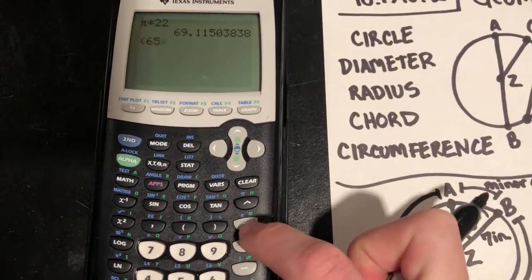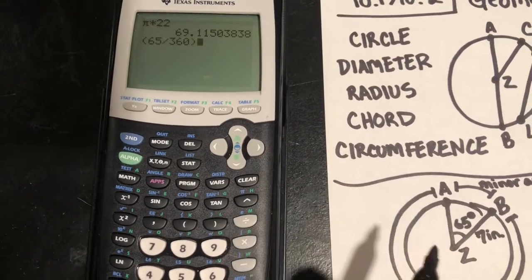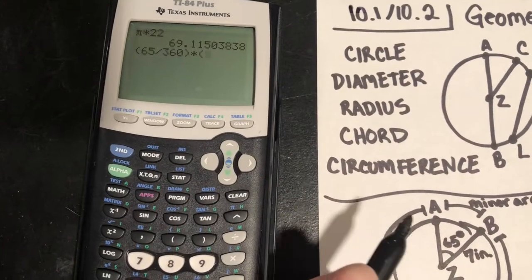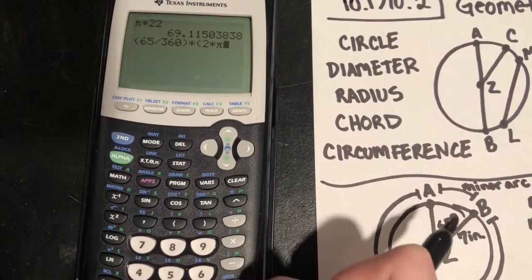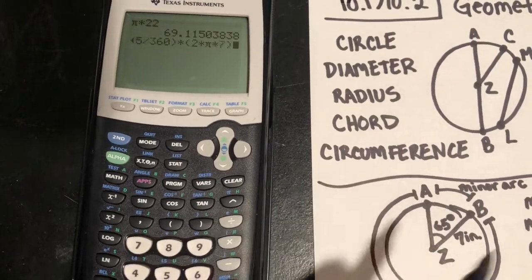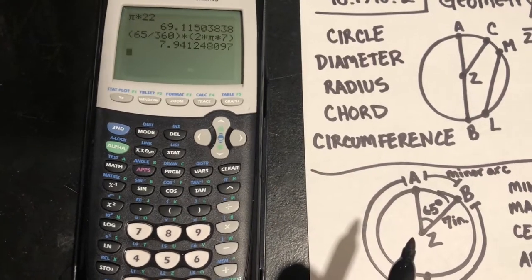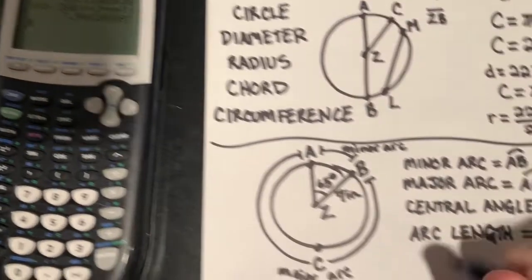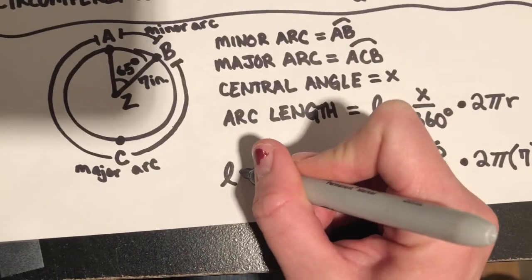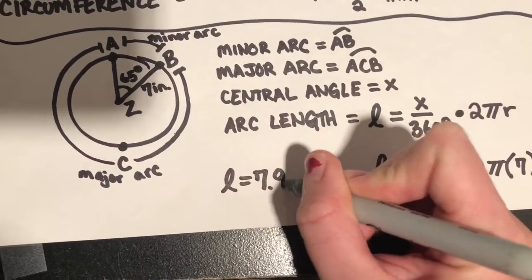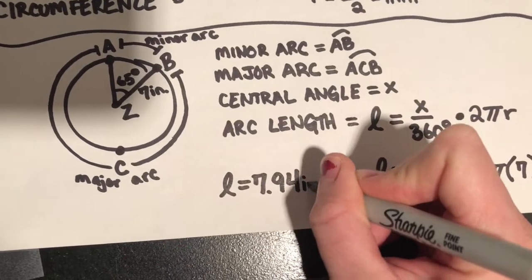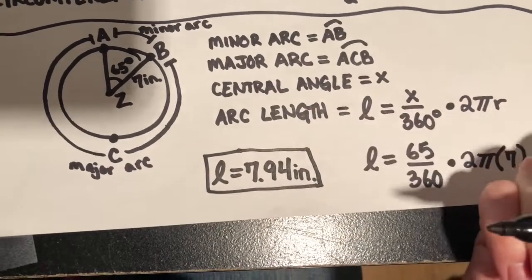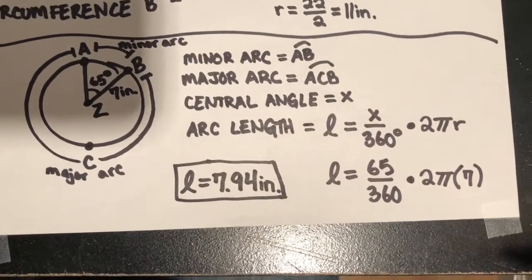I'm going to go 65 divided by 360. Close those parentheses. Multiply it by 2. Actually, I'm going to put these in parentheses too. 2 times pi times 7. Click my enter button, and I'm going to get 7.94. So my arc length is 7.94 inches. I have the correct units there. And there we go. All right.